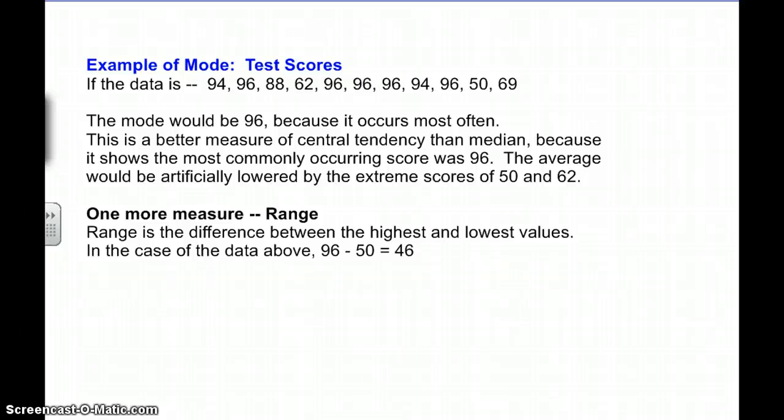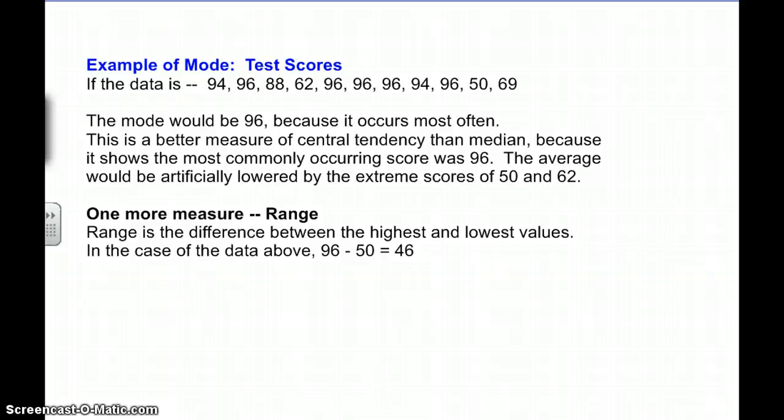Now here the number that occurs most often is 96, right? It's a better measure of central tendency than the median because it's showing us the most commonly occurring score is 96. That tells us that most of the class did really well on the test. You don't want to use the average or the mean here because it would be artificially lowered by extreme scores of 50 and 62.